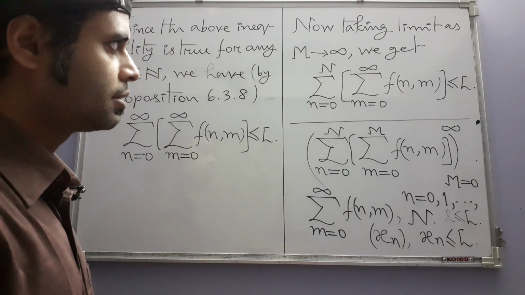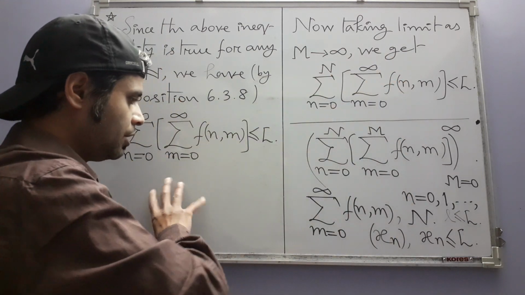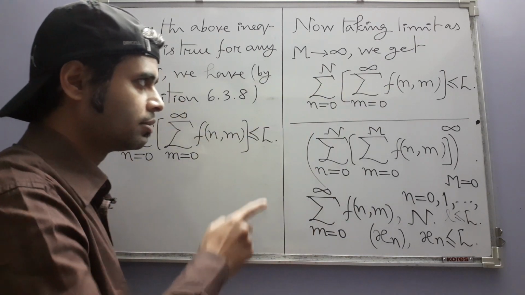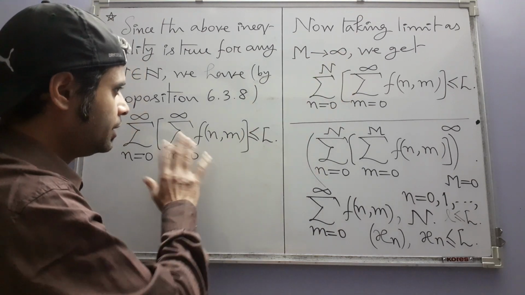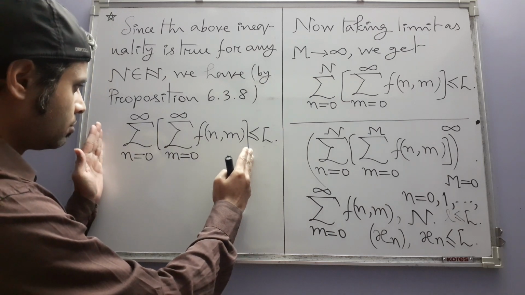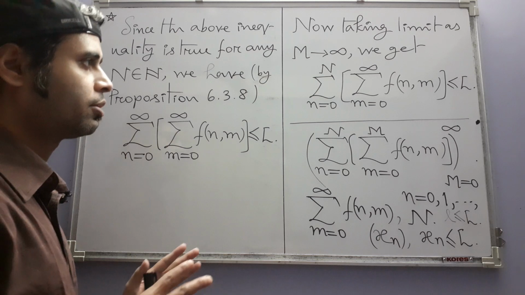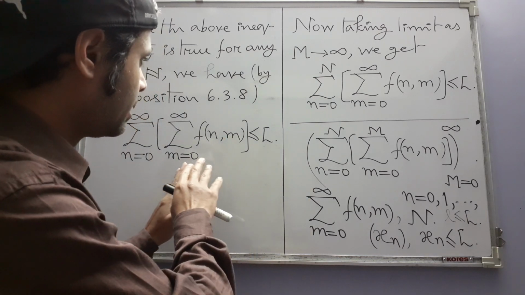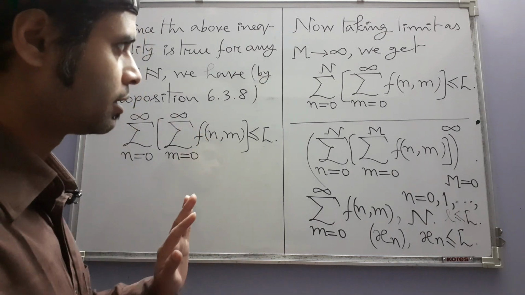The difference is that for these inner series we already knew beforehand that they are convergent. We showed that before doing this calculation. Here, however, we do not really know whether this outer series is convergent or not. That's what we are showing now. So it is not that we are just simply taking the limit on both sides.